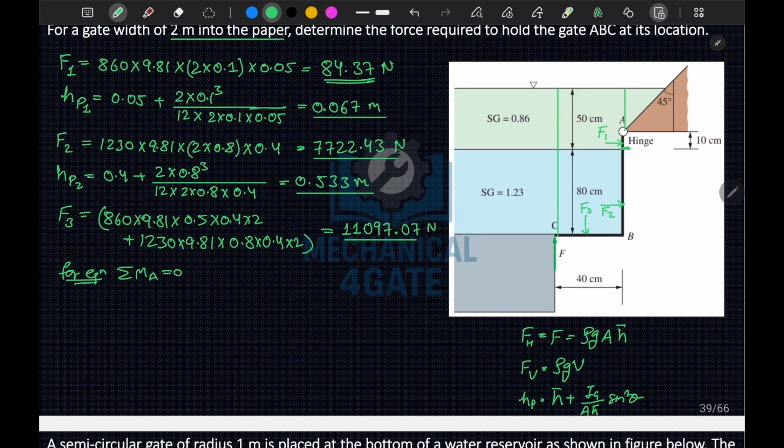So we have to calculate the distance of these forces from point A. Let's say x1 is the distance from point A for F1, x2 is the distance for F2, and this distance will be x3.